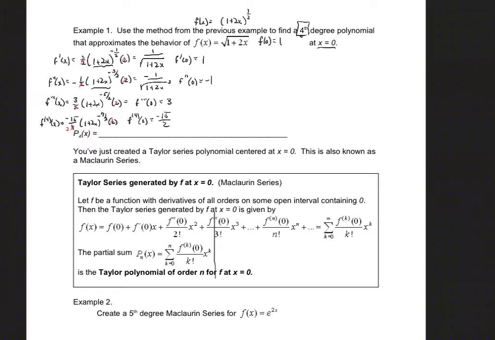So sometimes this is written as either a T sub 4 of x or a P sub 4 of x, either way.